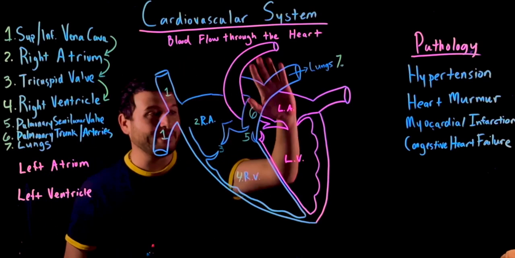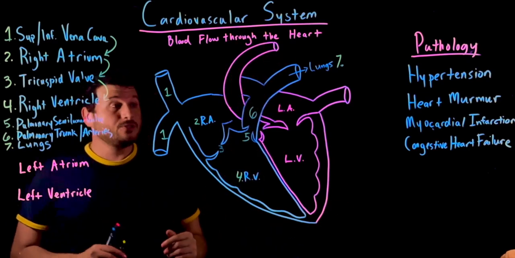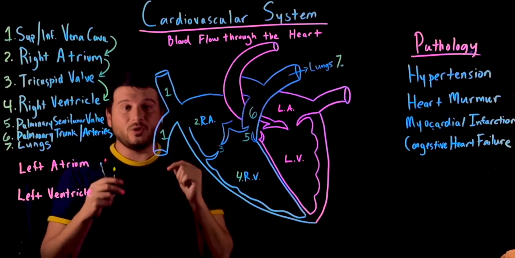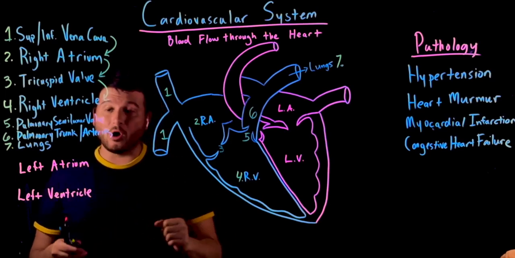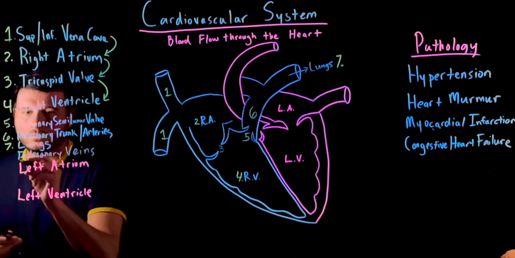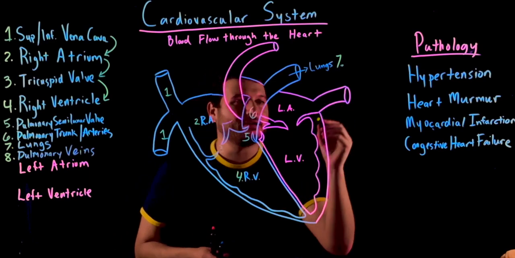So, how do we get that blood back from the lungs to the heart? Because we haven't talked about this entire side of the heart, this entire left side, right? So we need to bring that oxygenated blood back to the heart. And the way we do that is through the pulmonary veins. This right here is the left pulmonary vein.